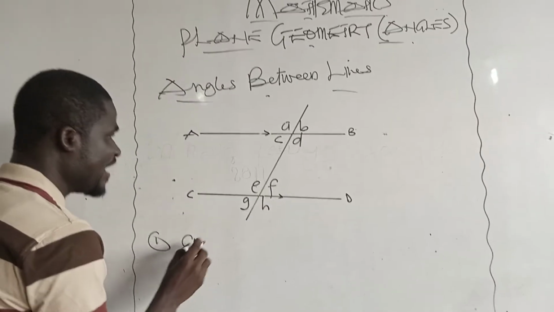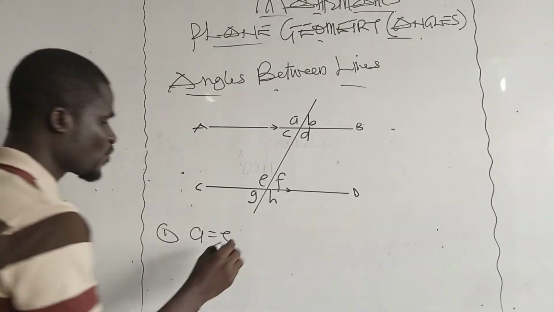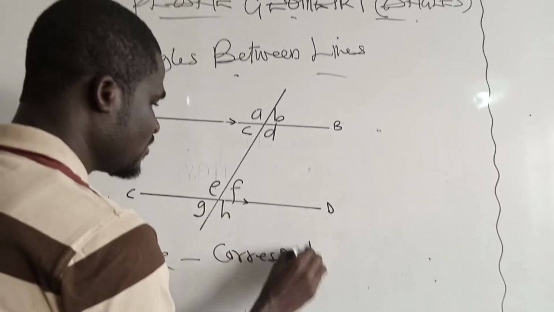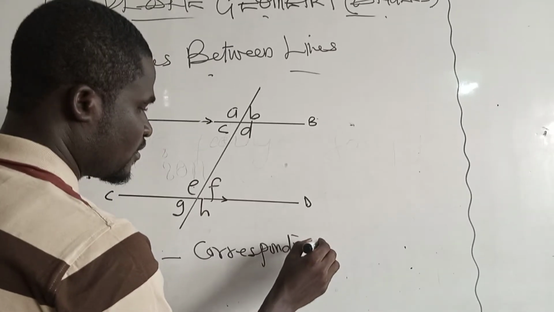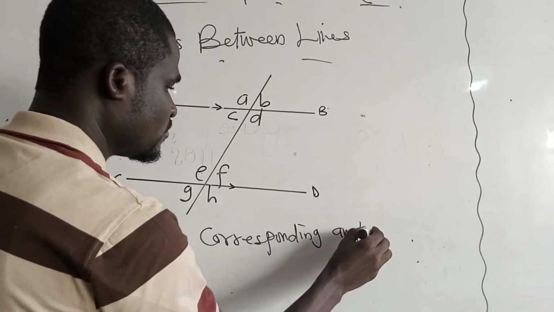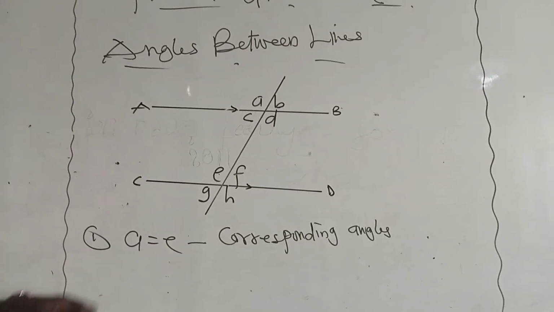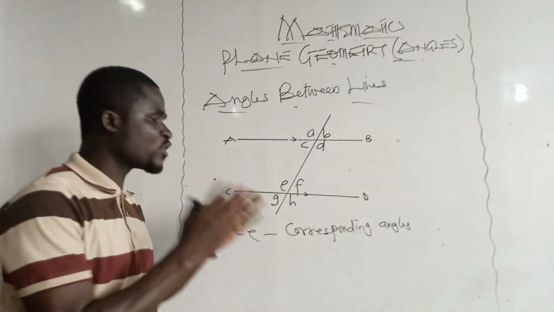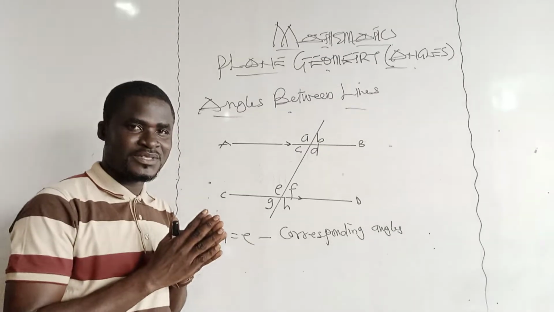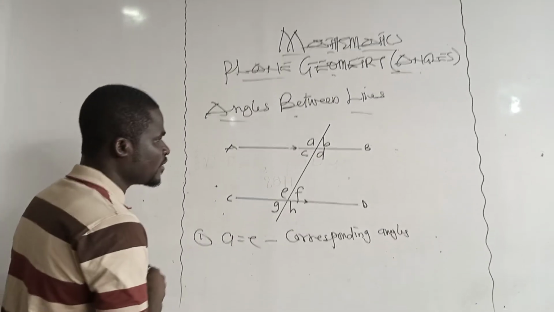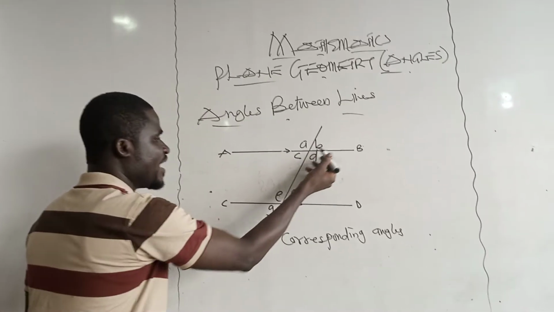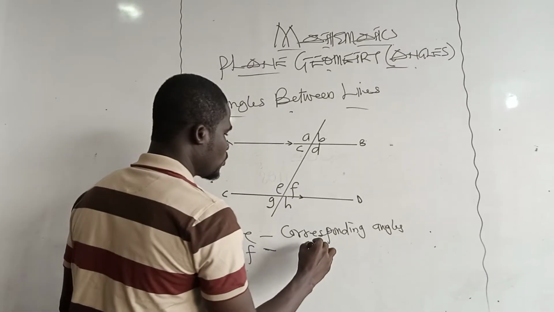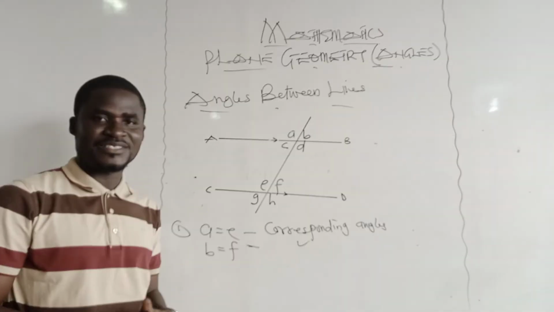So, A is equal to E. Then another corresponding angle here will be B and F. B and F is also called corresponding angles.